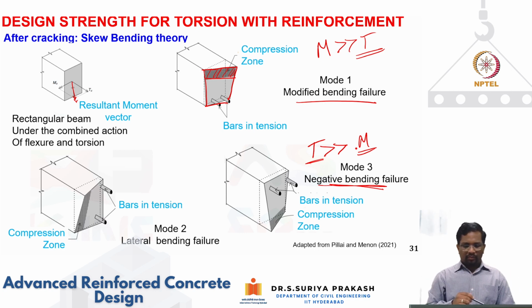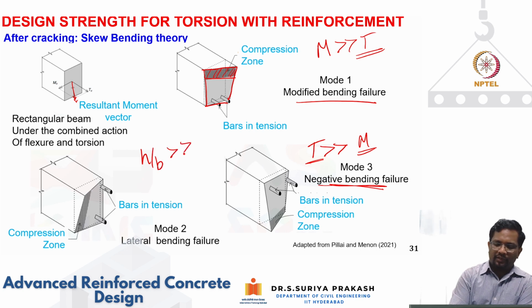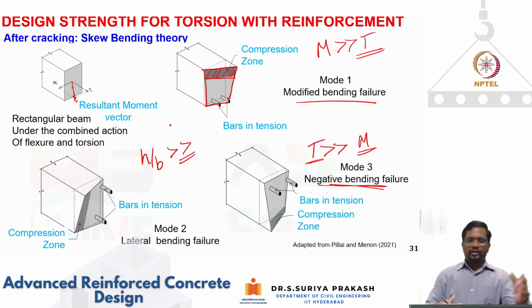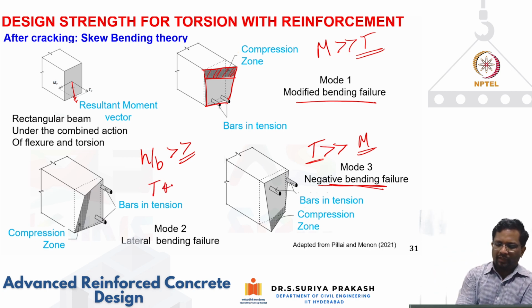Now mode 2 failure is also possible when your members are very slender, or in other words, when the height to breadth ratio is very large, you end up with slender members. Then you have both T and M substantial.